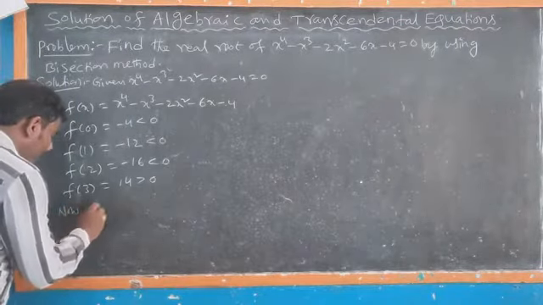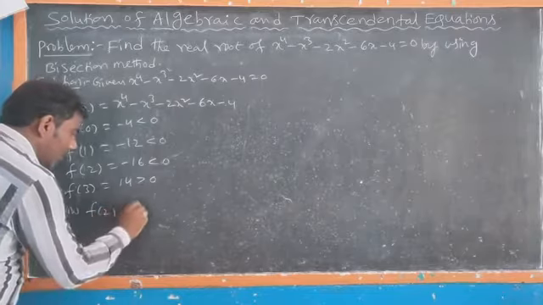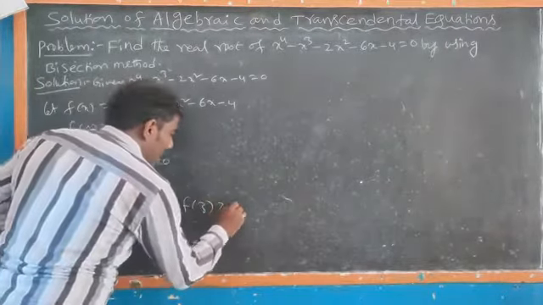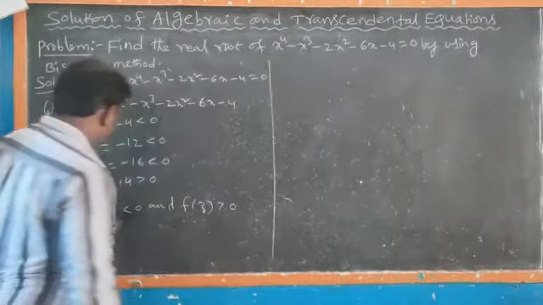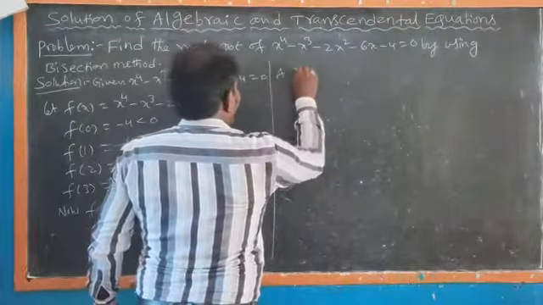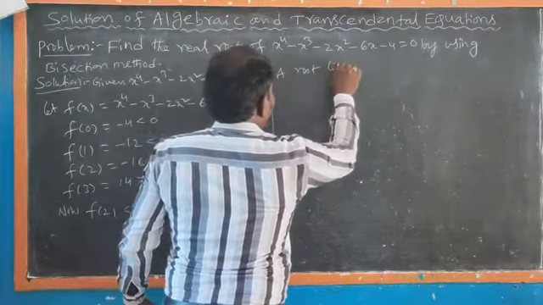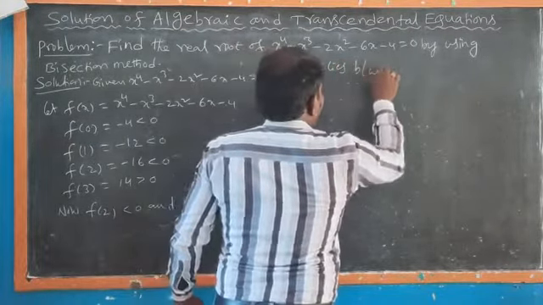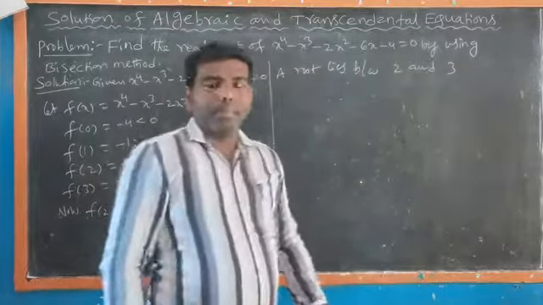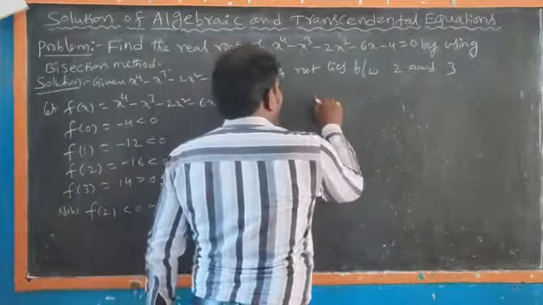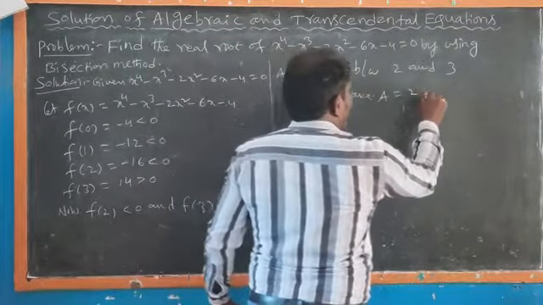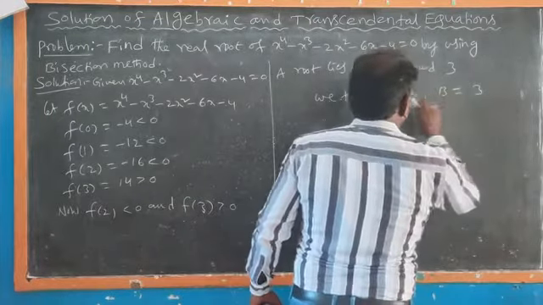Now f of 2 is less than 0 and f of 3 is greater than 0. So a root lies between 2 and 3. We take capital A equal to 2 and capital B equal to 3.